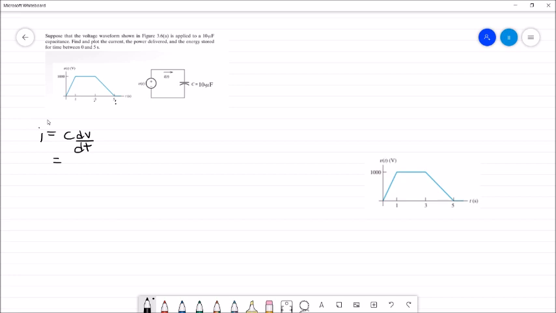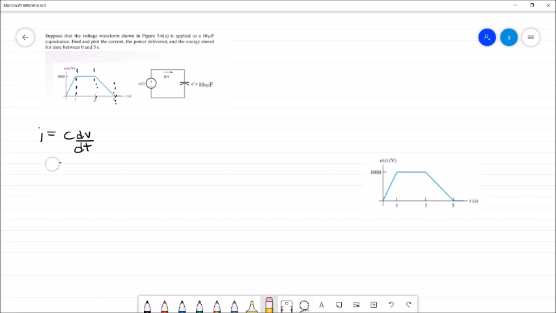So we need to differentiate the voltage with respect to time. From the graph here, we need to get the equation that represents this graph. So we divide it by interval. This is the first interval, second interval, and third interval.